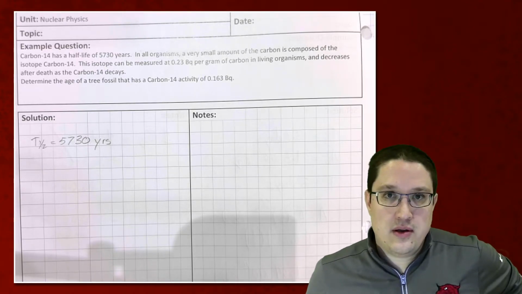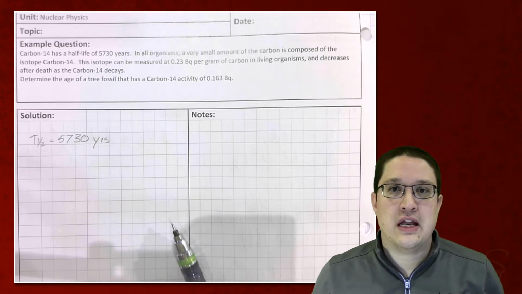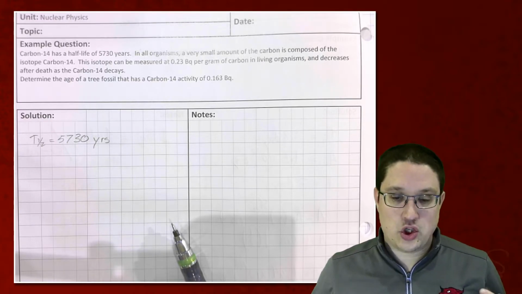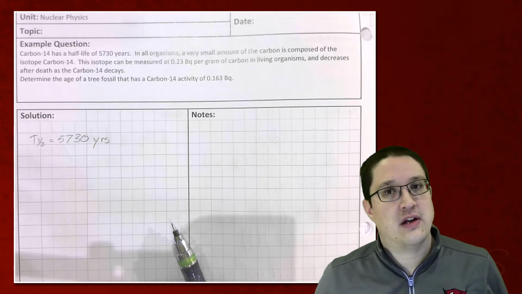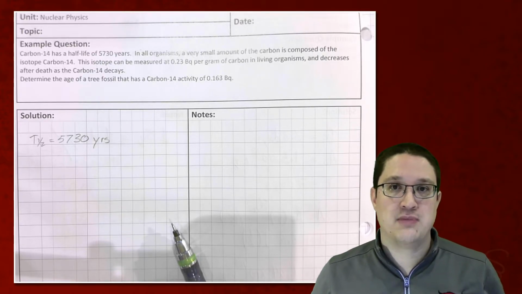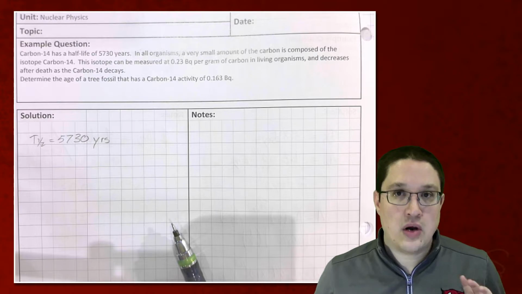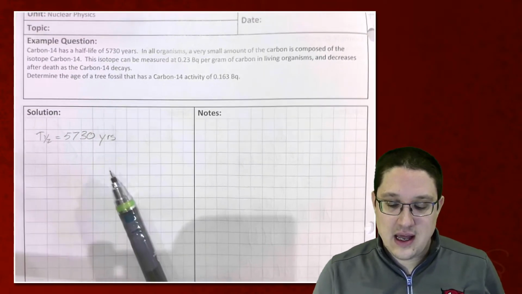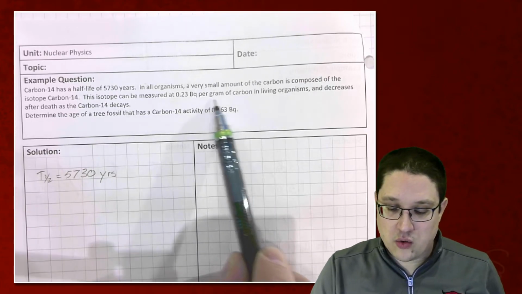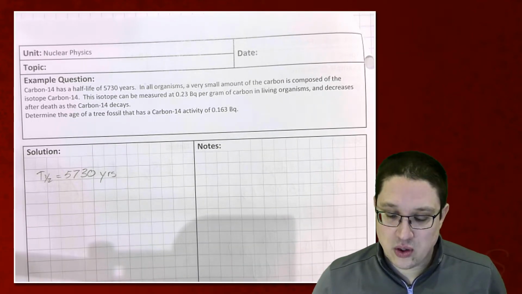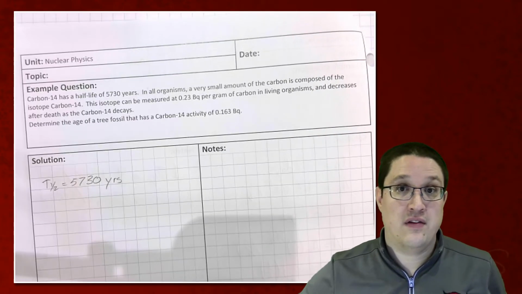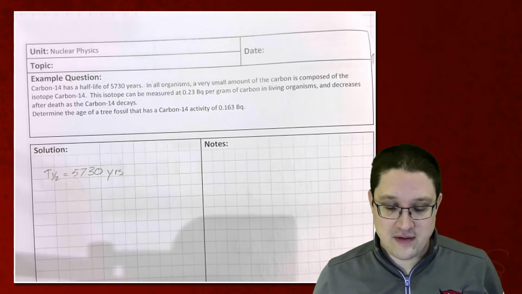This is important because cosmic radiation interacts with carbon dioxide in the atmosphere and changes some carbon-12 into carbon-14 at a very predictable rate. And that rate of decay versus change means that if I measure a gram of carbon in a living organism, I end up with 0.23 becquerels of radiation from the decay of carbon-14.